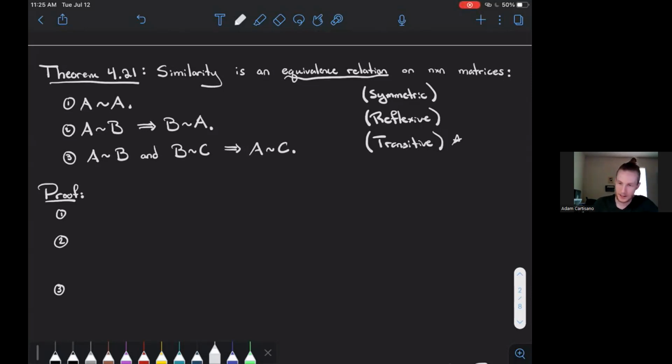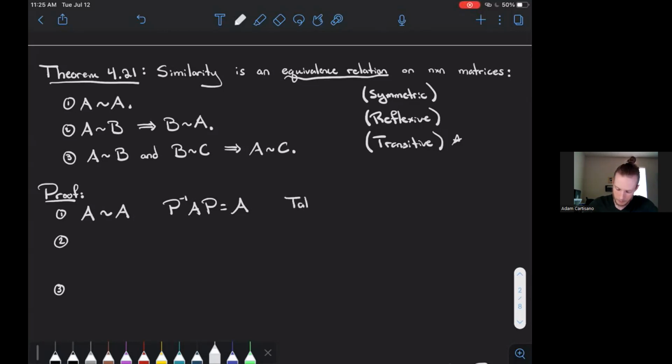So what do we have to do? We want to prove that for any n by n matrix, A is similar to A, which means we need to produce an invertible matrix P such that P inverse A P equals A. I can think of an invertible matrix which does the job.